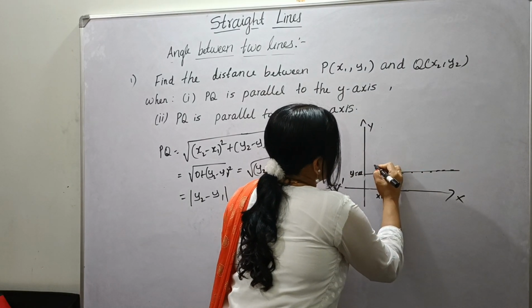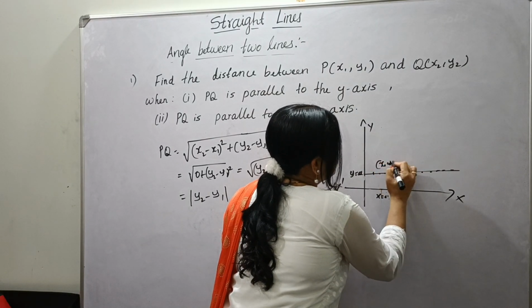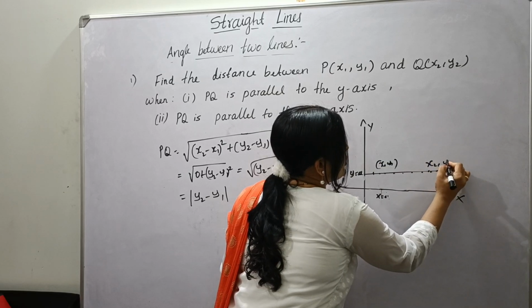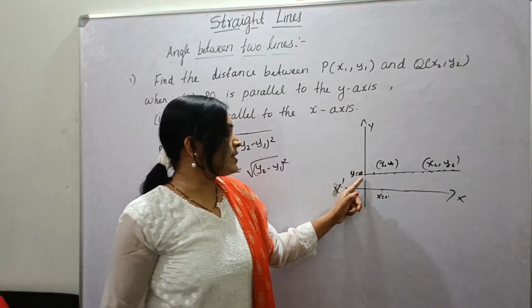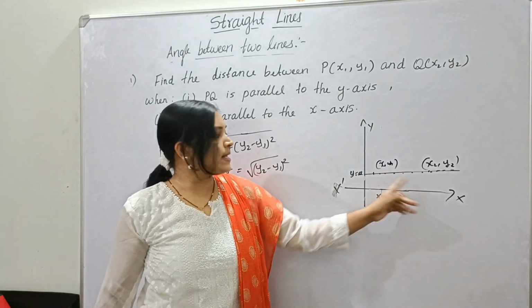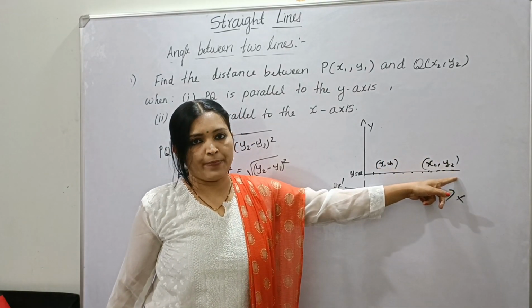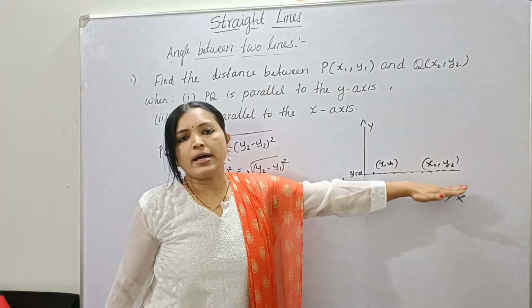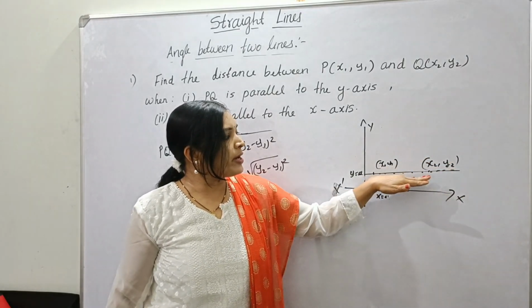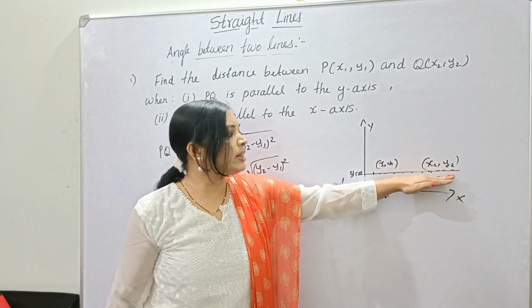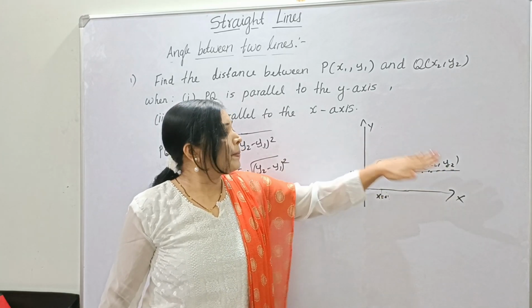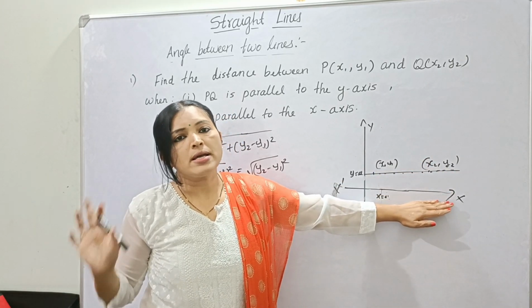Suppose the points are (x1, y1) and (x2, y2). Since it is y is equal to a and parallel to the x-axis, these y coordinates, y1 and y2, are the same. So the y coordinates of all the points on a line parallel to the x-axis are the same.